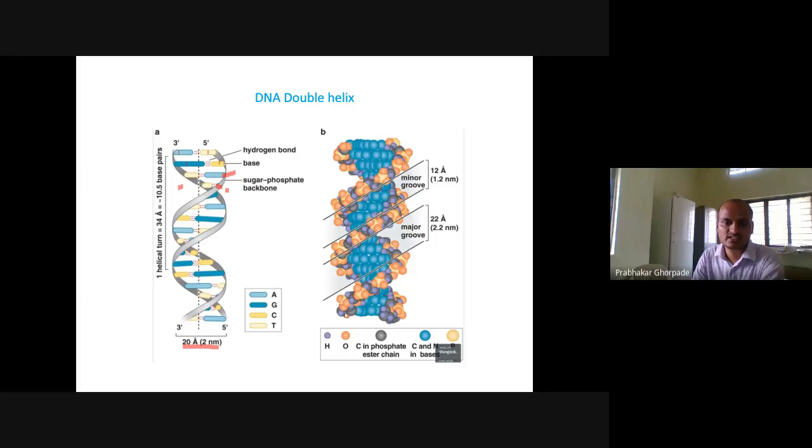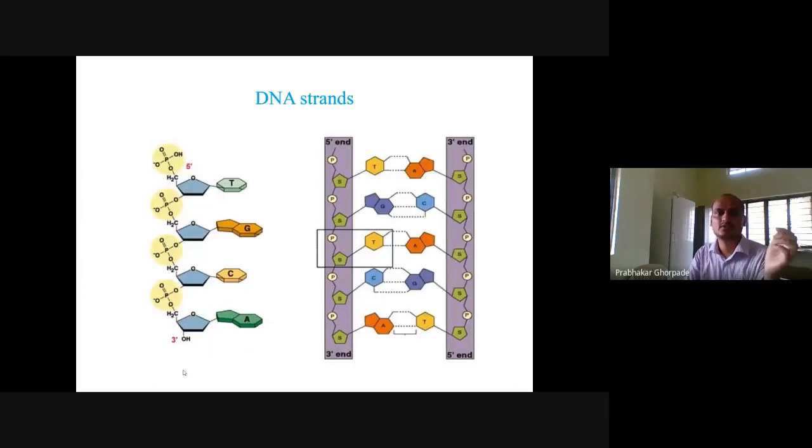Hydrogen is represented by purple, oxygen by orange, carbon by black, and phosphate by yellow. Left is a ribbon representation of the double helix. Whenever you describe this, you have to mention the diameter, the base pairs per turn, the hydrogen bonds, and the phosphodiester bonds.